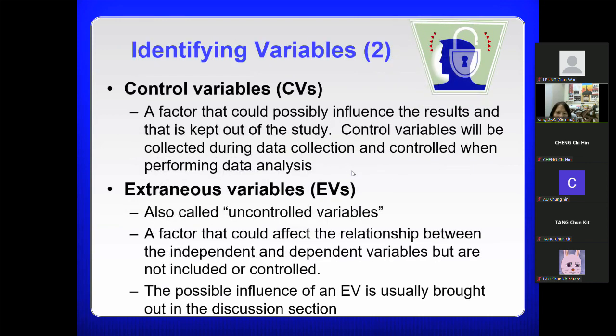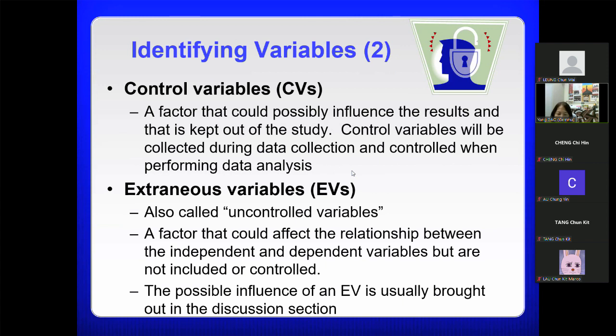There are another two types of variables, less important than the IV and the DV. One is called control variables, CV for short, and another is called extraneous variables.